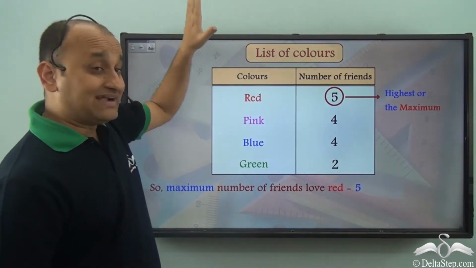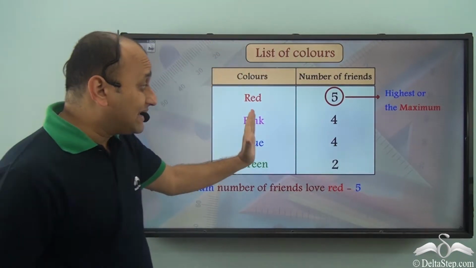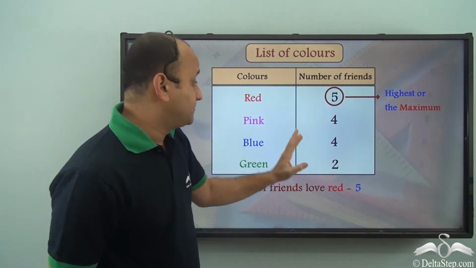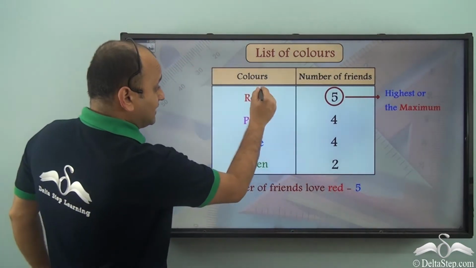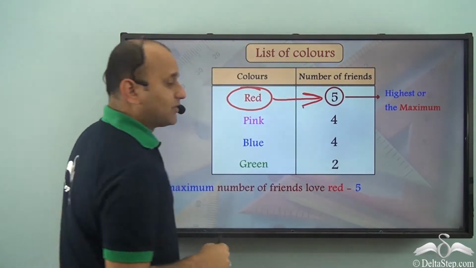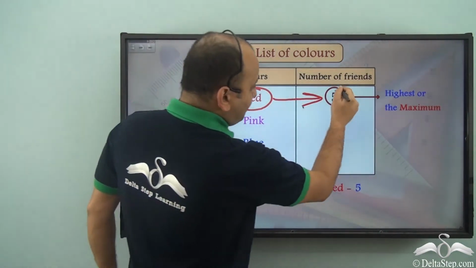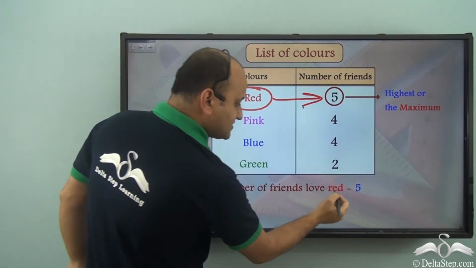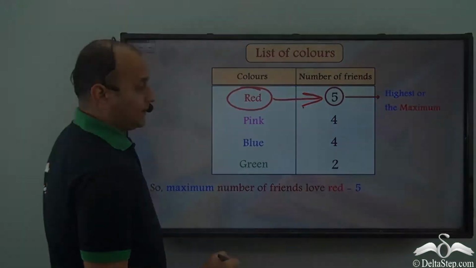Because you had data which was properly arranged and represented the right information. So you have the color and the number of friends that like it. So 5 is the maximum number, that is, the maximum number of friends love red.